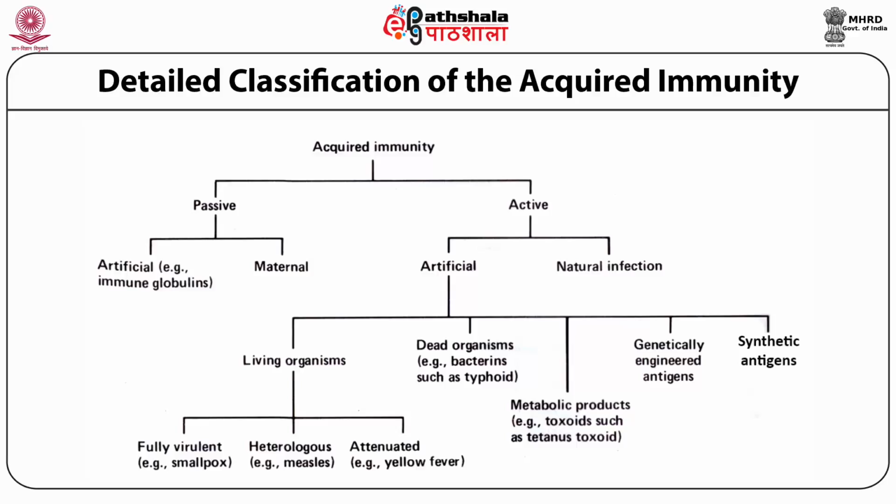Active immunity can be obtained through natural infection or by administering artificial agents like living or dead organisms, metabolic products like toxoids, or genetically engineered antigens and other synthetic antigens.